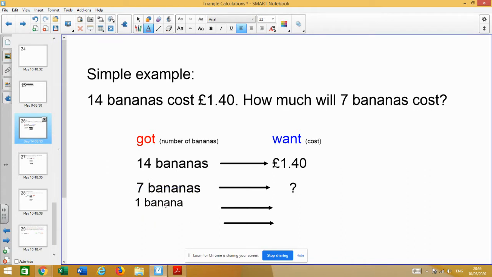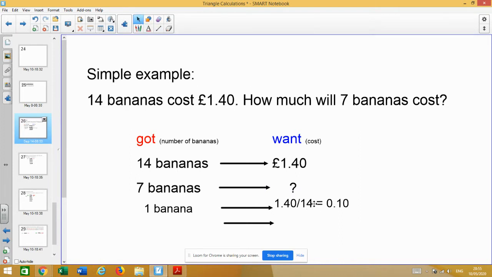So 1 banana is going to cost £1.40 divided by 14, which gives you 10 pence or 0.1 of a pound. So then, if we want to know 7 bananas, we just have to times that value by 7.